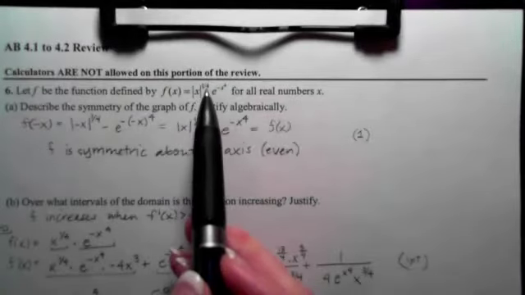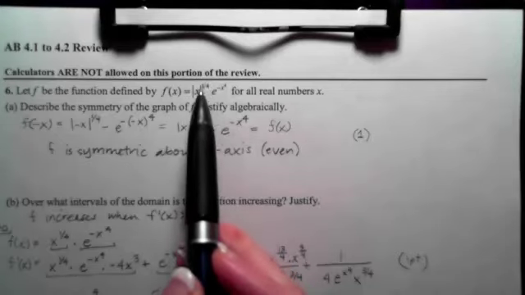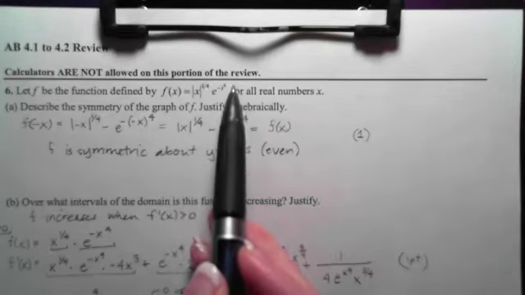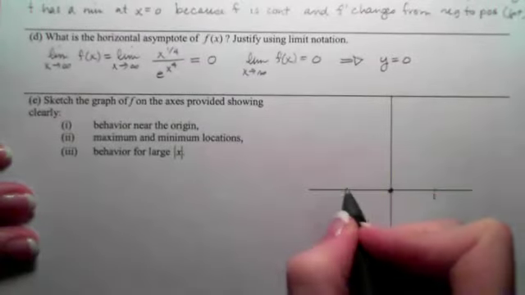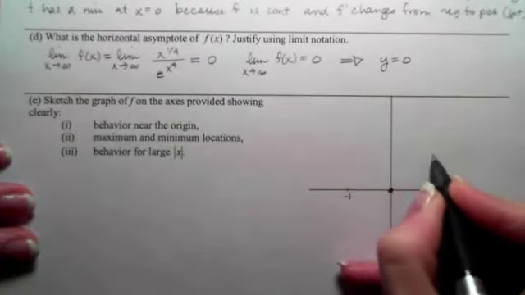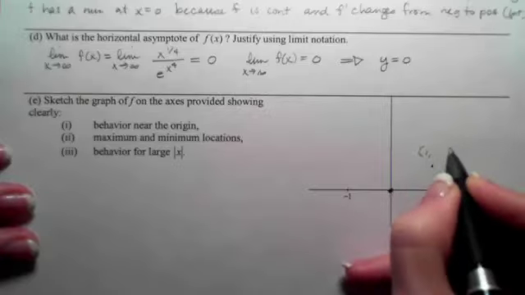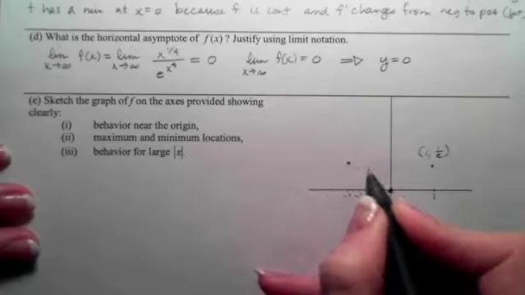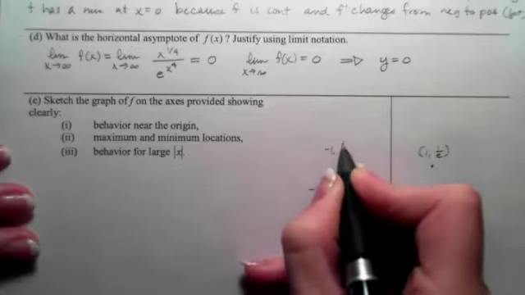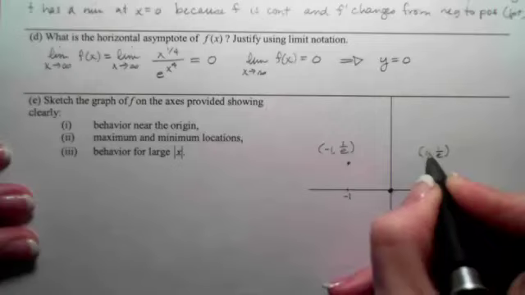That would give me 1 to the 4th root, so that's going to be a 1, and then e to the -1. So I know my top value at both of these values will be 1 over e. And I could do that over here as well, a -1 and a 1 over e.